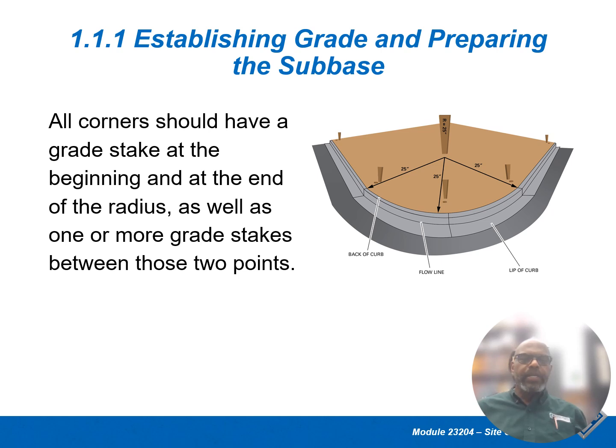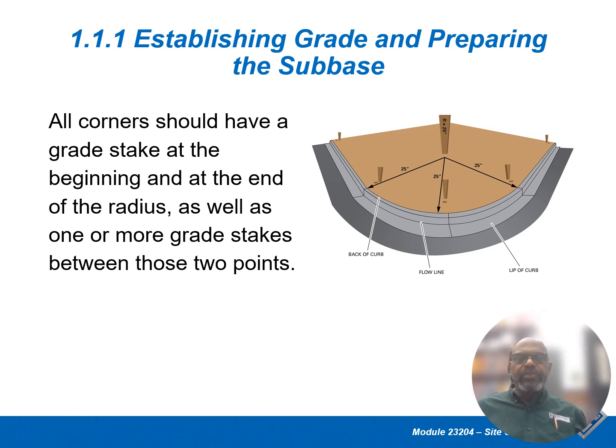So again, you need to know where you start and somewhere in the middle, where it's going to be laid out. If you look at this, this is the grade here, the ground. This is probably the pavement in this area here, and this is the curb. And the curb, again, needs to have certain points where you can see it.